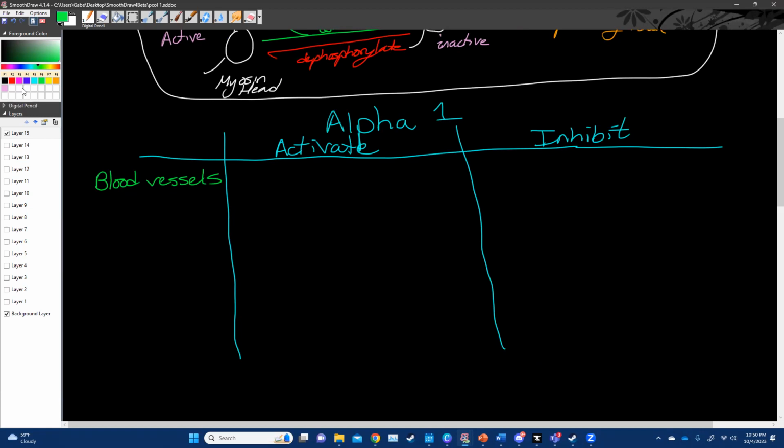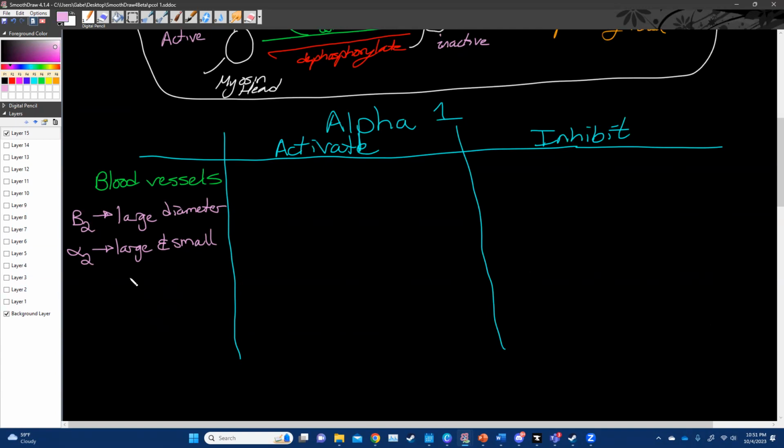Now, we already have one receptor that we've talked about previously that exists on the blood vessels, and that's beta 2. Beta 2 exists only on large diameter blood vessels. Whereas alpha 1 exists on large and small diameter blood vessels.